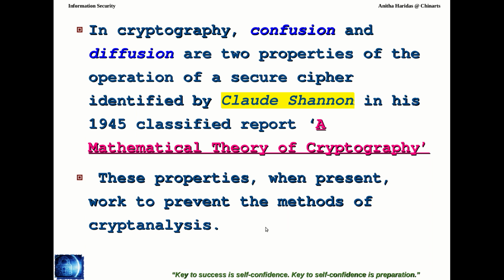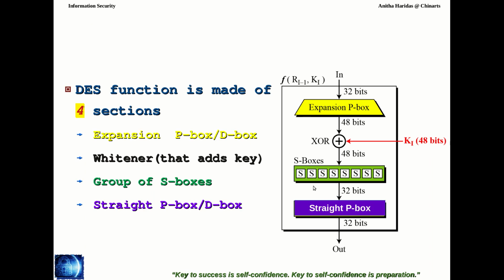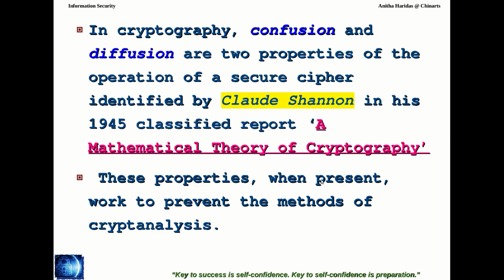Now before we start with all these components, we should understand why this many number of components are included in the DES function to make it more secure. Now in cryptography, confusion and diffusion are the 2 very important properties of the operation of a secure cipher, which were identified by Claude Shannon in his 1945 classified report, A Mathematical Theory of Cryptography.